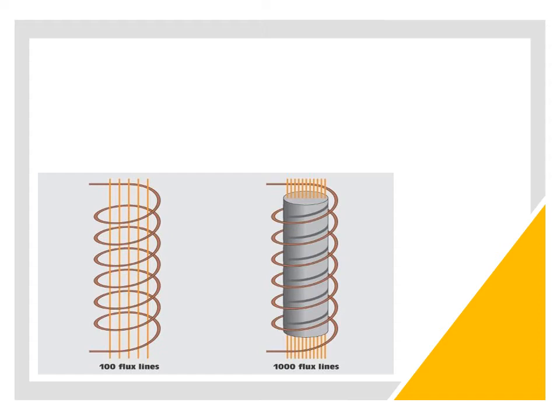The third thing that greatly impacts our electromagnet is a core material that is highly permeable. If you remember our definition, permeability is the ability of a material to set up lines of flux. Often, the core material is what the coil is actually wrapped around.